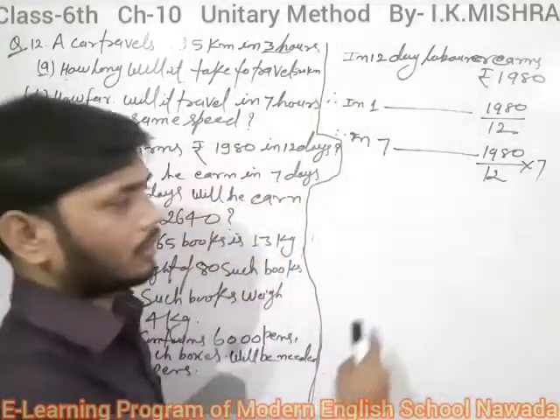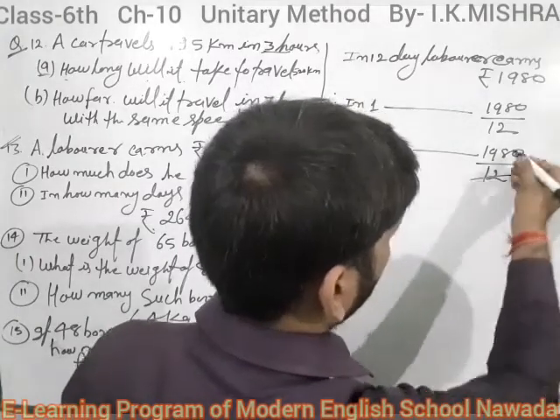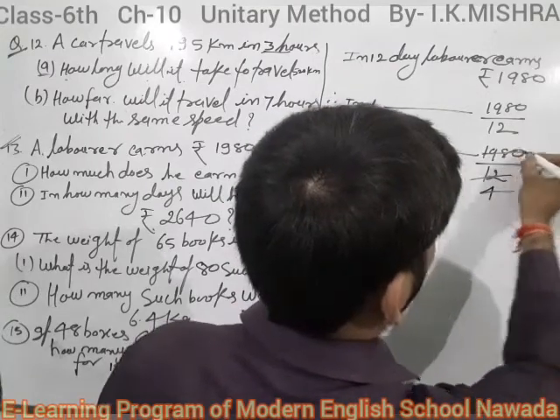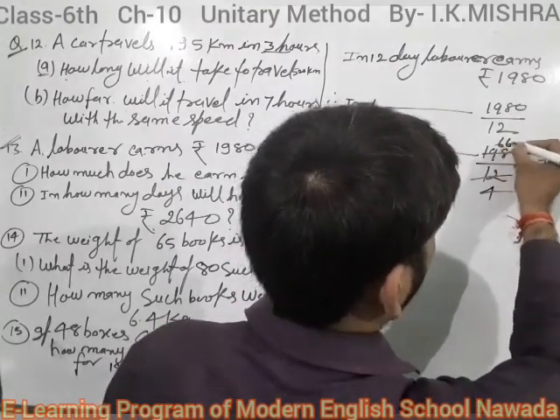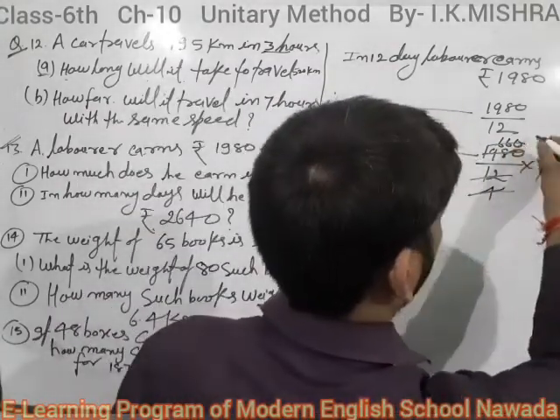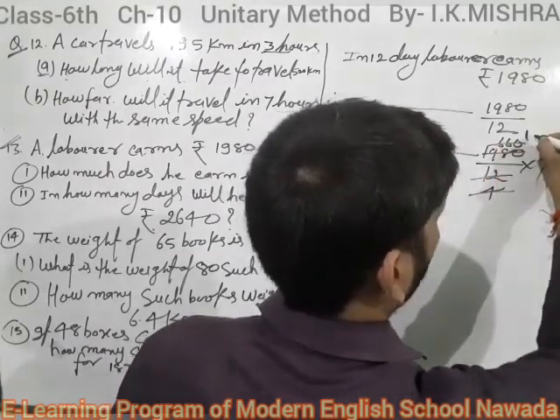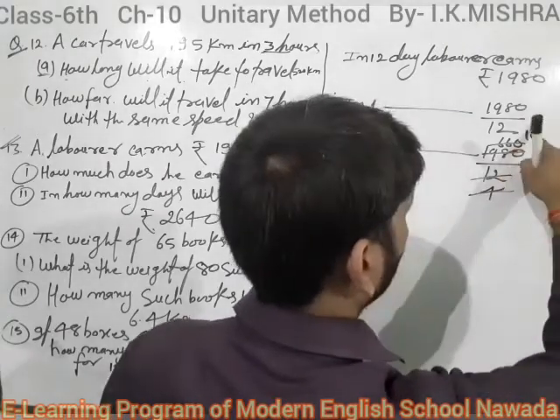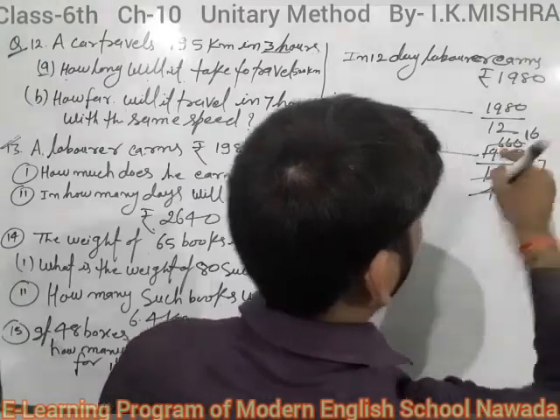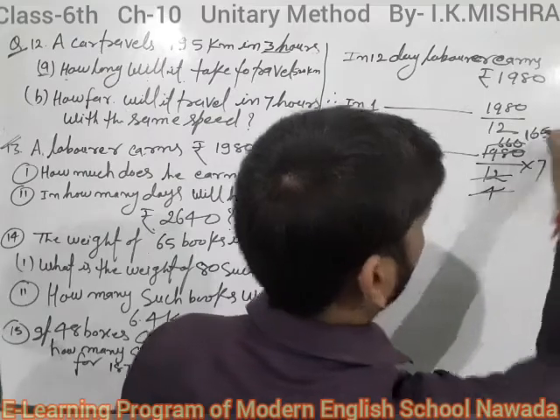Now students, check, it is divisible by 3 and by 4. Divided by 4, 4 ones are 4, remaining 2, 4 6s are 24, and remaining 2, and here 165.